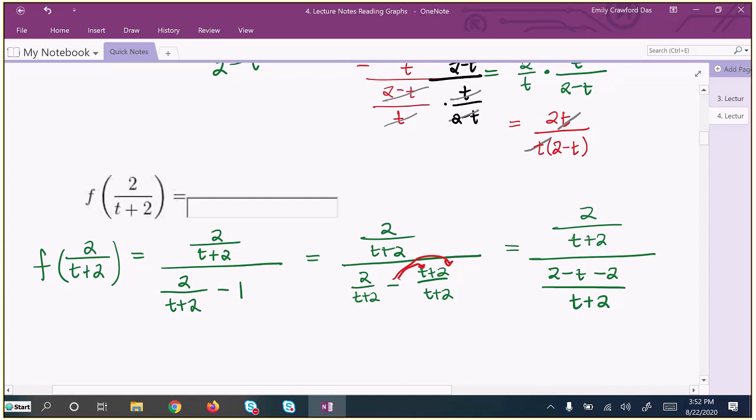So I know that this is going to become 2 over t plus 2 times t plus 2 over, then 2 minus t minus 2 is just minus t. So this is 2 over minus t, or minus 2 over t. So that is my answer.